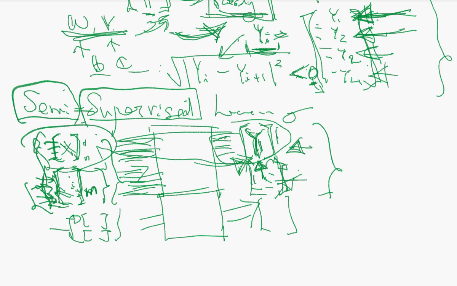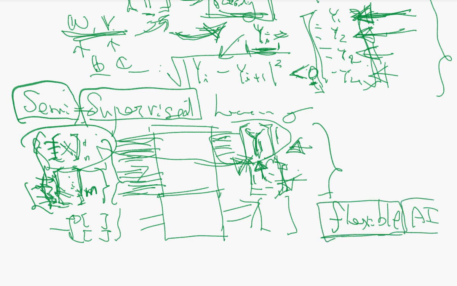It's when the AI is flexible. If you use, say, 5 years, the market tendency changed. This change is going to be incorporated in it. So that's called semi-supervised. Okay.